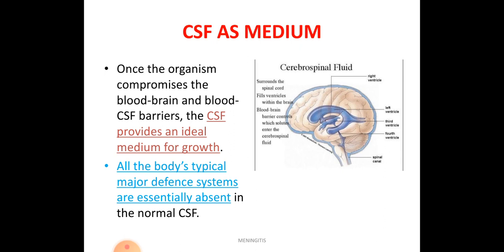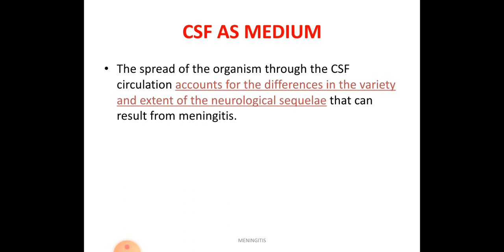Depending on the involvement of different areas of the brain and spinal cord contaminated by CSF, the patient will have different neurological clinical features. So different meningitis patients will differ in their manifestation of clinical features.